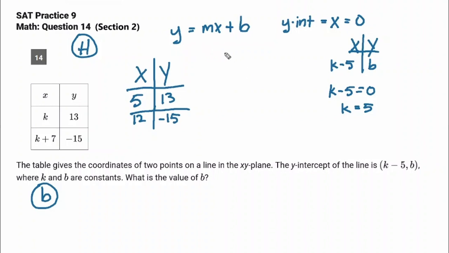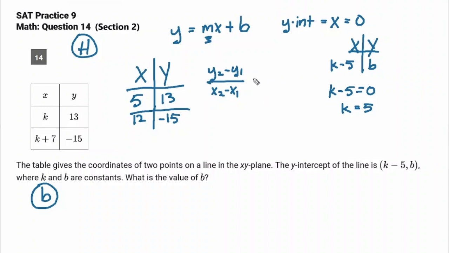Y equals mx plus b. What else can you find? We can definitely find the slope. That's m. How do you find slope? y2 minus y1 over x2 minus x1. I'm going to start with 13. So it's 13 minus negative 15. Be careful with that.